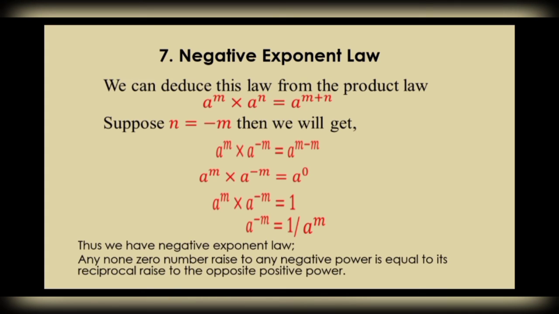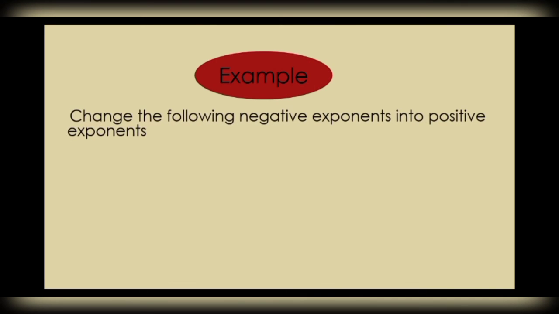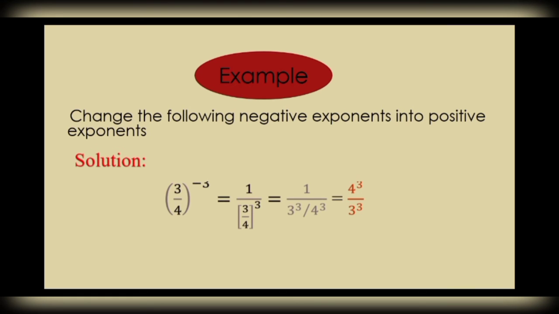Any non-zero number raised to any negative power is equal to its reciprocal raised to the opposite positive power. Means the power becomes positive when we take its reciprocal. Now consider an example. Change the following negative exponent into a positive exponent: 3 by 4 to the power of minus 3.